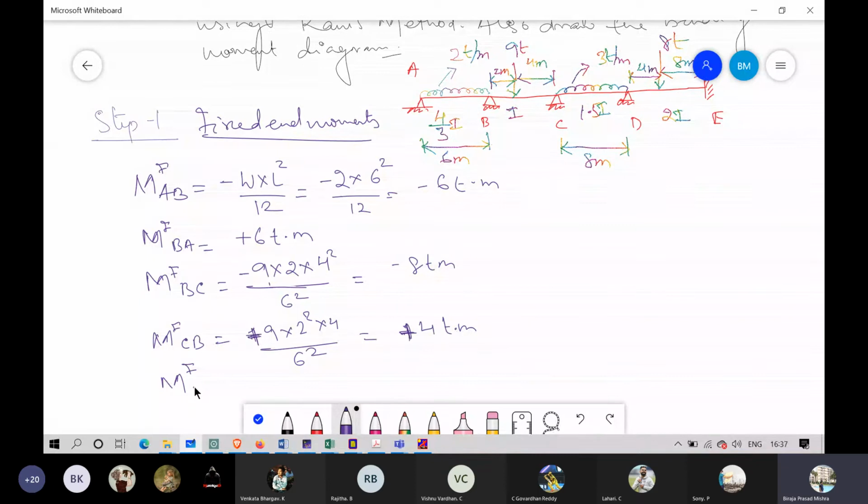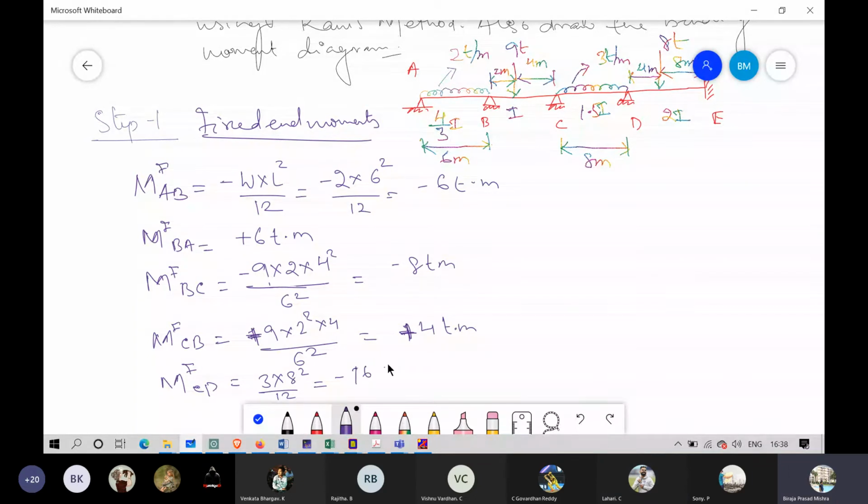MFCD equals minus 3 into 8 square divided by 12. So how much will it be?